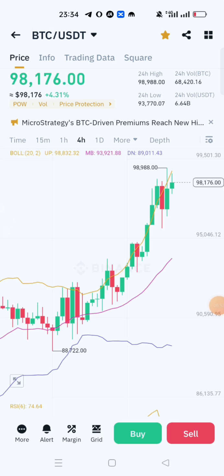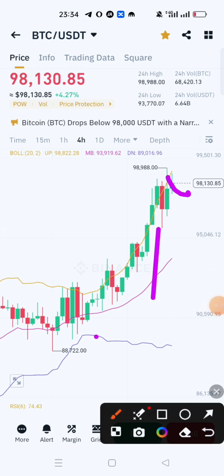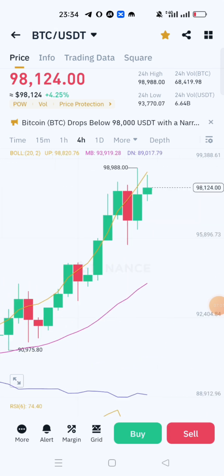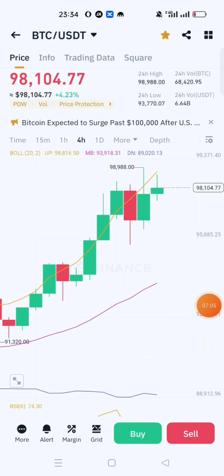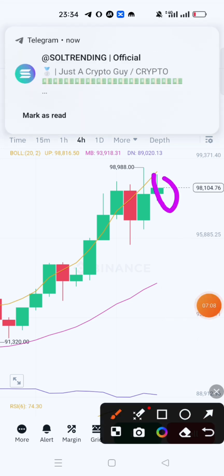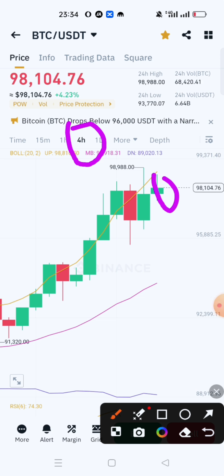Now for beginners, this 4-hour time frame simply means that each candle, let me widen it up for you for your understanding, represents 4 hours of movement.